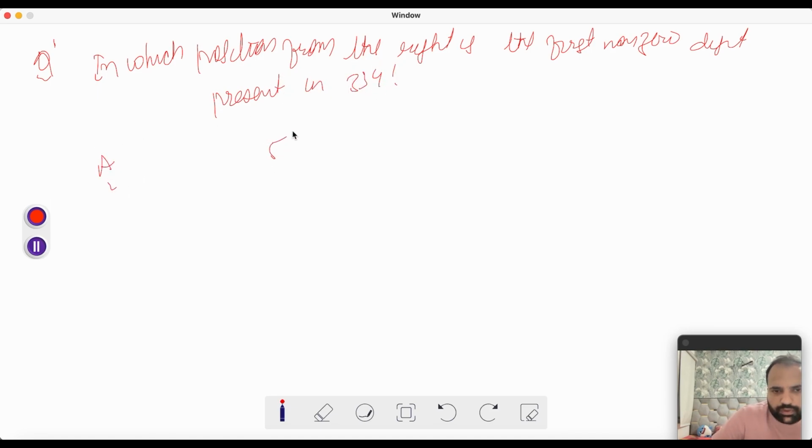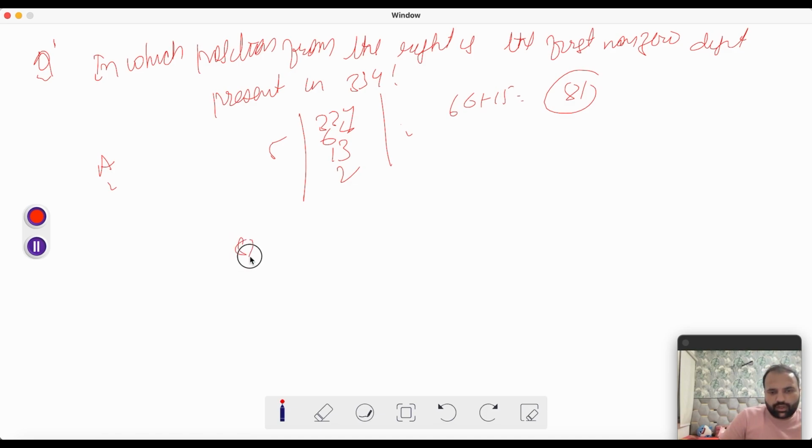It's very simple. First find how many zeros we have: 66, I believe. Then you have 13, 2, yeah, 13 to 15. 66 plus 15 is 81. So you have 81 trailing zeros. So what would be the first non-zero? The 82nd term.